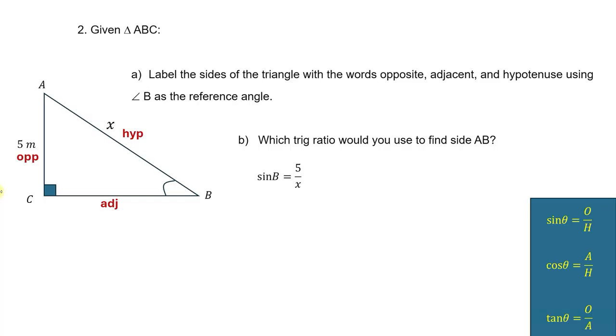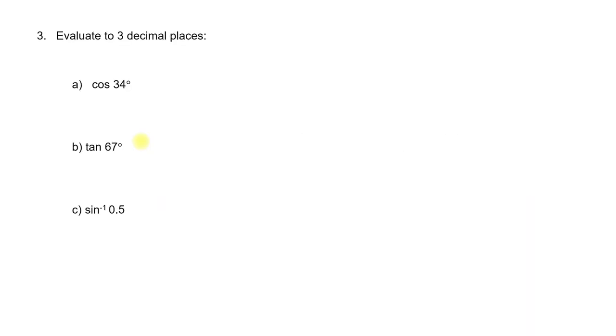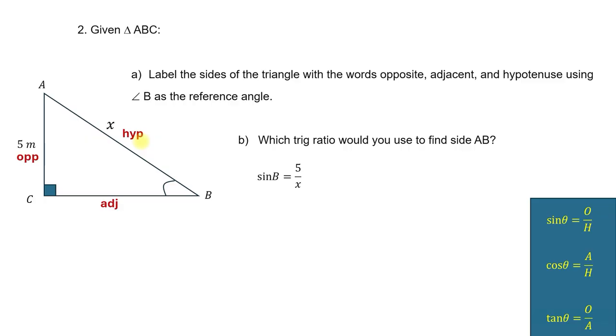So we can say that the sine of B equals opposite 5 over hypotenuse x. Sorry, they're not asking for us to actually solve it here.